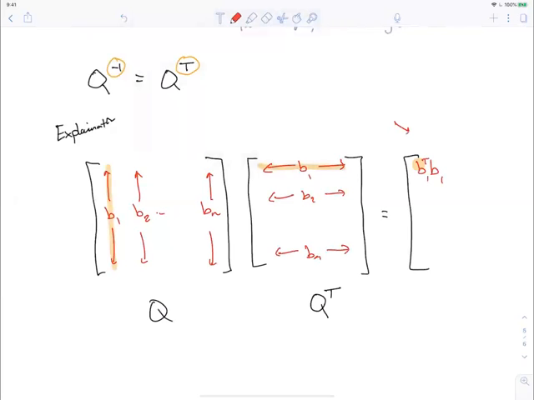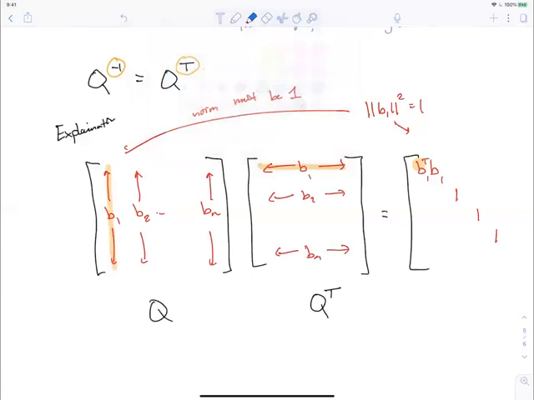And we know that this is just the norm of that vector squared, which is 1. So that means we're going to have 1s on the diagonal. This applies for any of the same ones. So when you dot the same vector with itself, you're going to get 1 because the norm or length is 1.